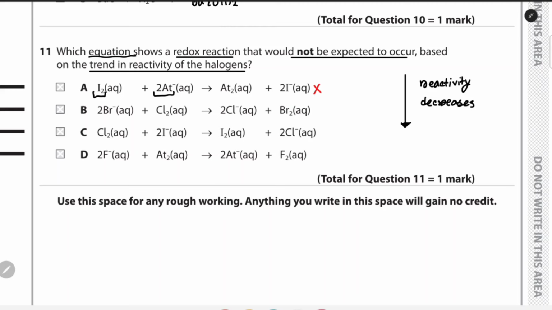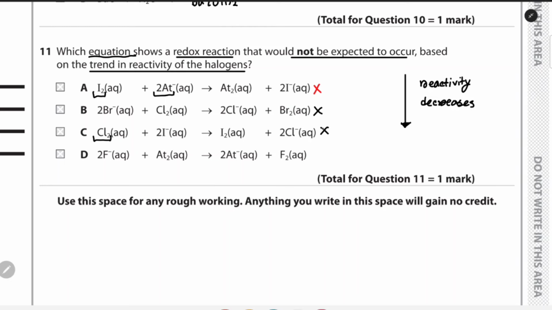If we look at option B, chlorine is more reactive than bromine. Since chlorine is more reactive, the bromide ions cannot displace the chlorine. This is not our answer. Between Cl2 and I minus, chlorine is more reactive, so the iodide ions cannot displace it.